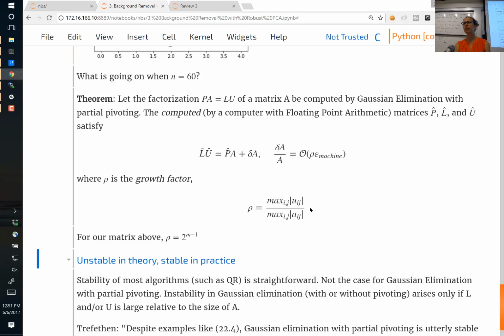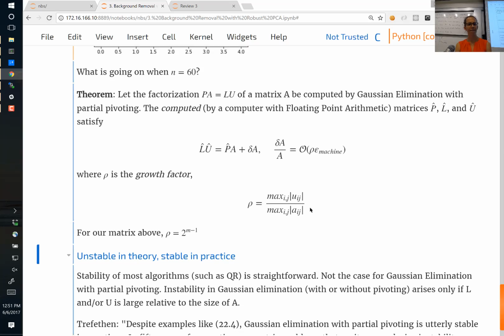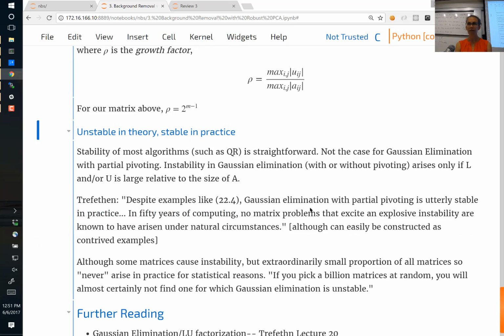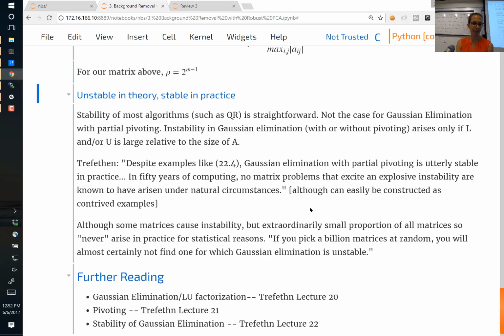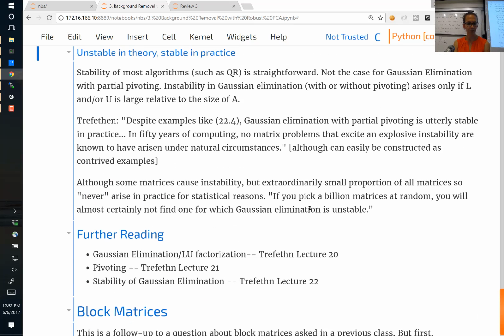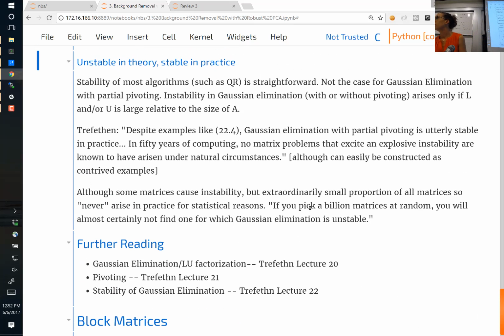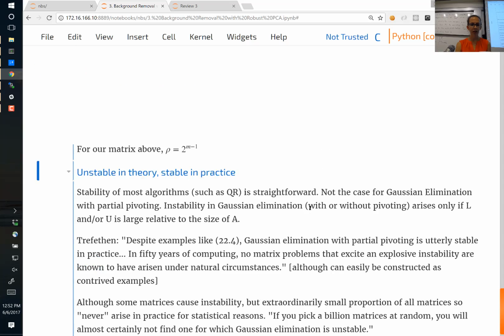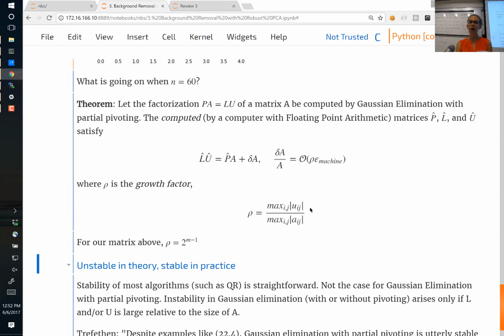Any questions about this? So you say that when we have n equals 60, this linalg.lu solve doesn't give us the proper answer, right? Right.